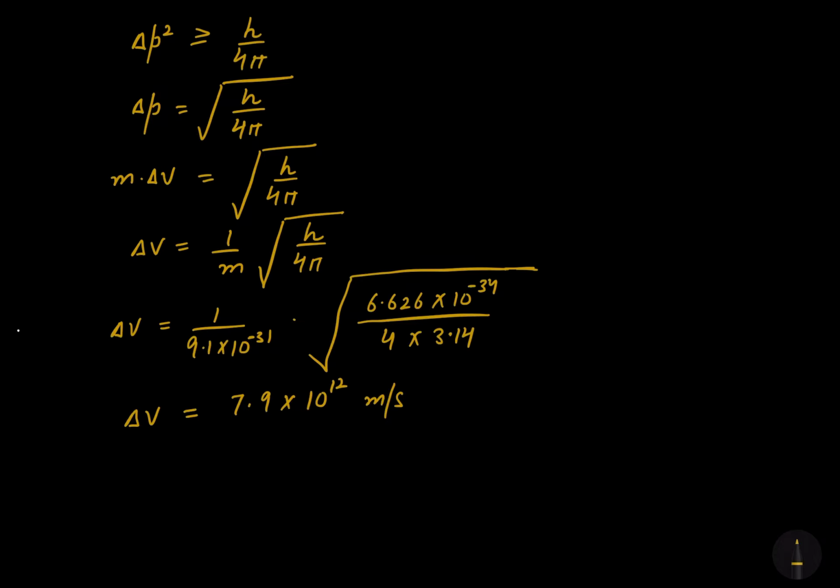But again, the uncertainty in the velocity exceeds the velocity of light, which proves that uncertainty in the position and the uncertainty in the momentum will never be equal.